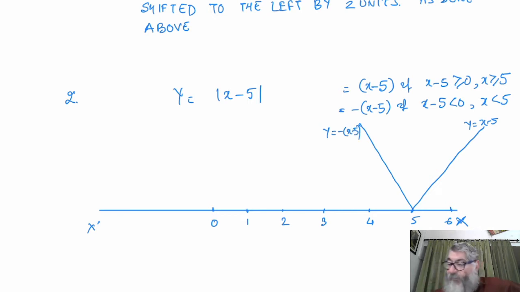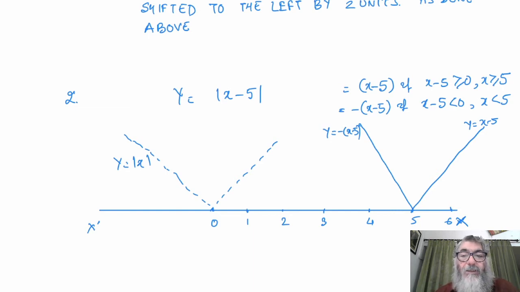So this graph from here, you see this is the original graph. This graph is y is equal to modulus x. It has shifted to this position. This is the transformation of the graph.